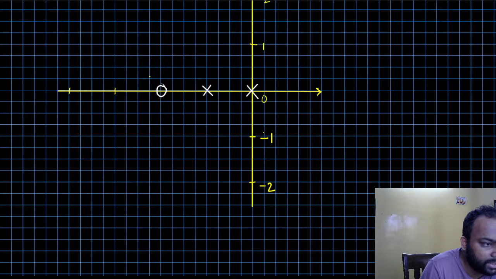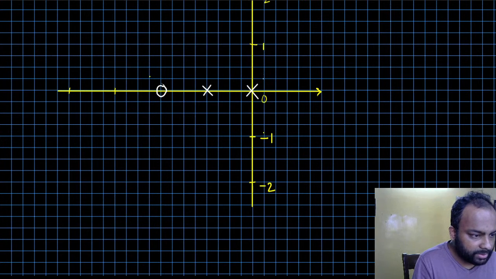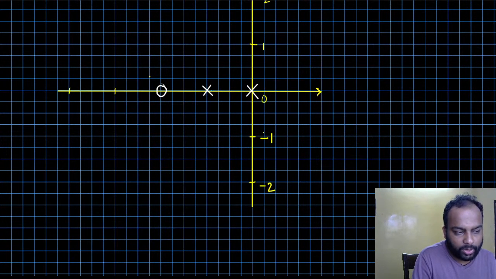So again, the root locus would start from these 2 points. Originally the root locus would be starting from this point. When k is equal to 0, the roots are these.